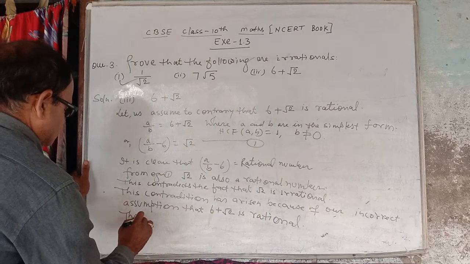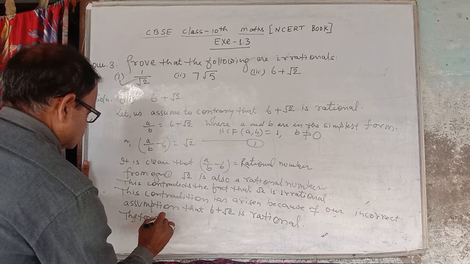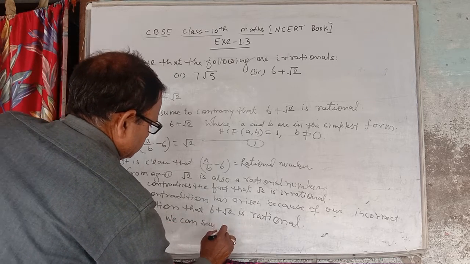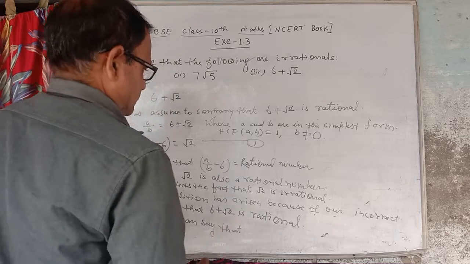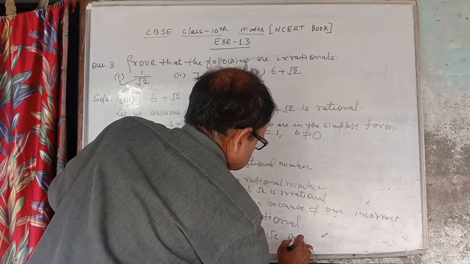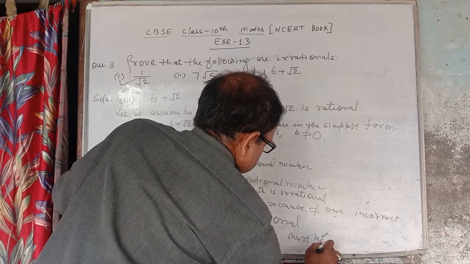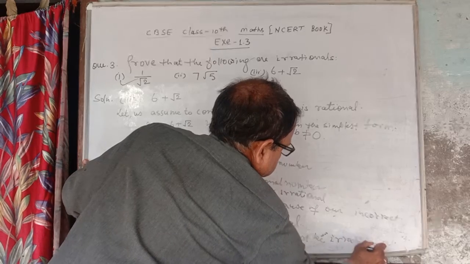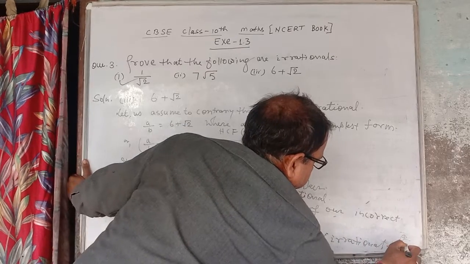Therefore, we can say that 6 plus root 2 must be irrational. True.